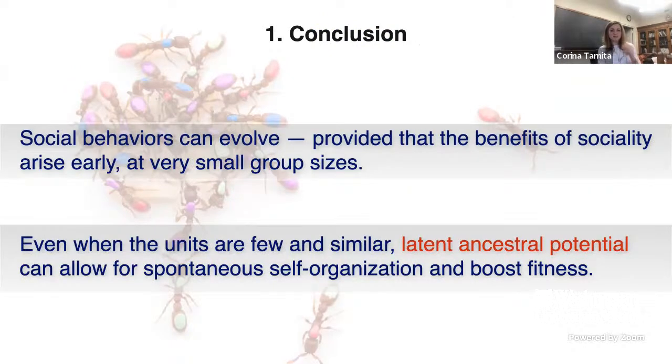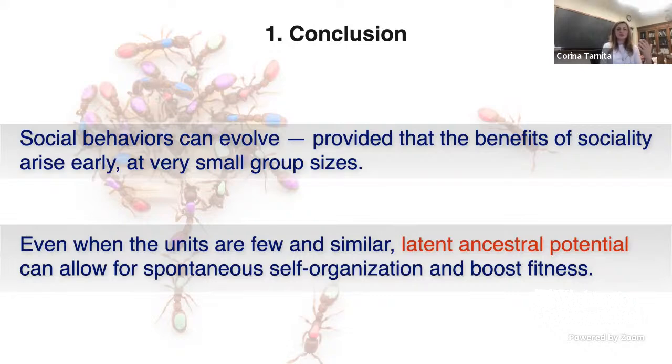But for the purposes of this talk, I just wanted to conclude this first part by saying that the main takeaway for me has been that we can get the evolution of these social behaviors, but it's very hard because these very small groups of very similar individuals have to get a very significant boost at small sizes. And not everything seems to be able to do that. There needs to be something that's there in the ancestor.